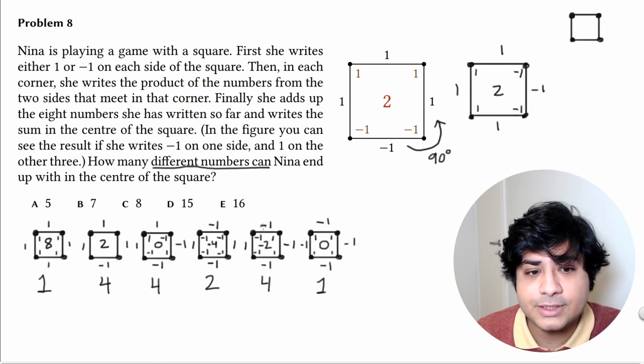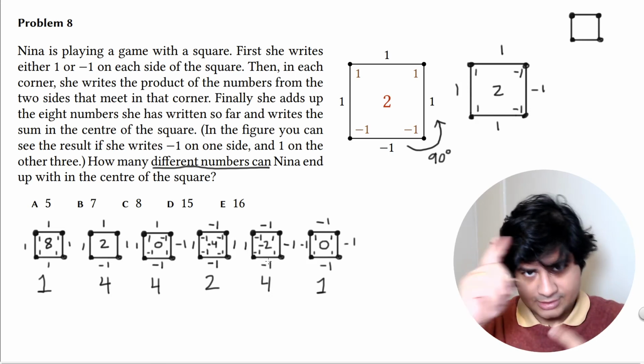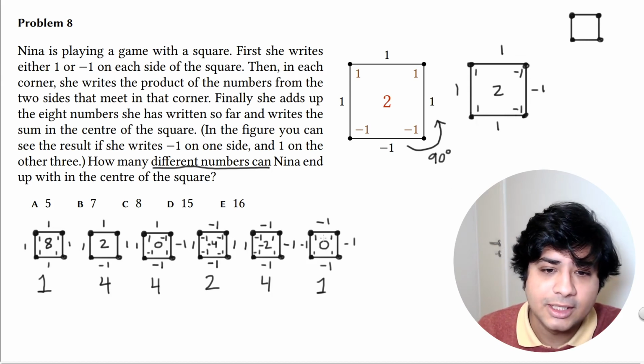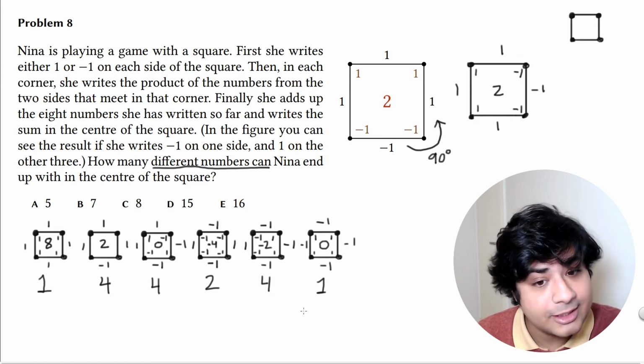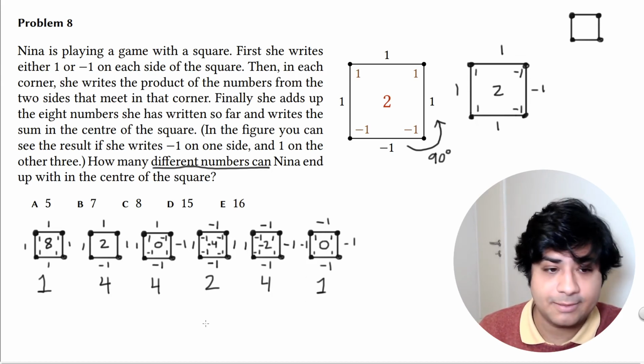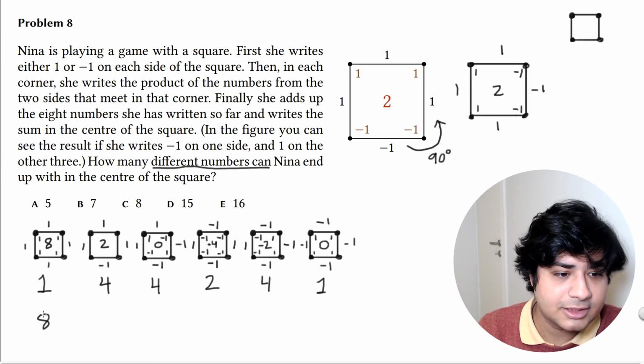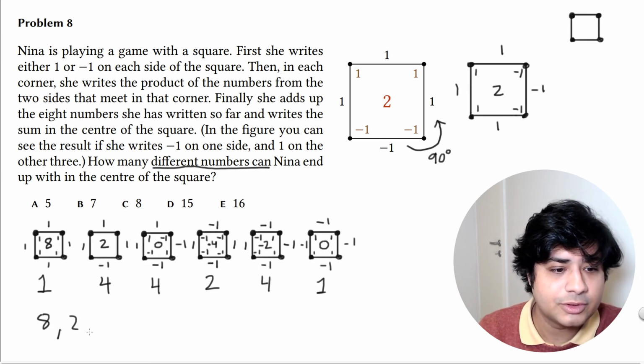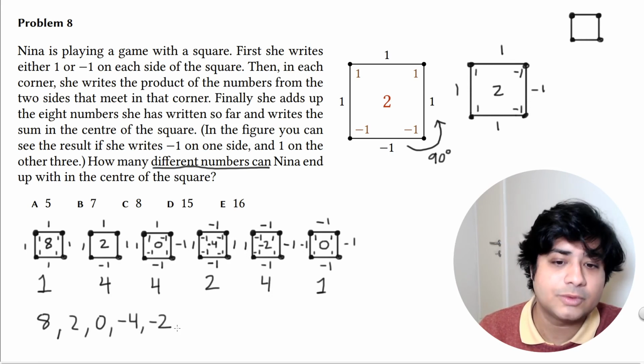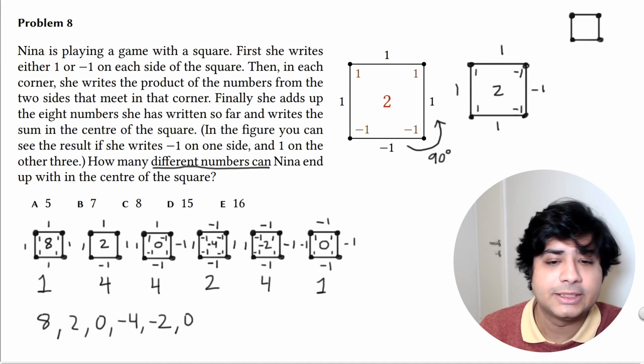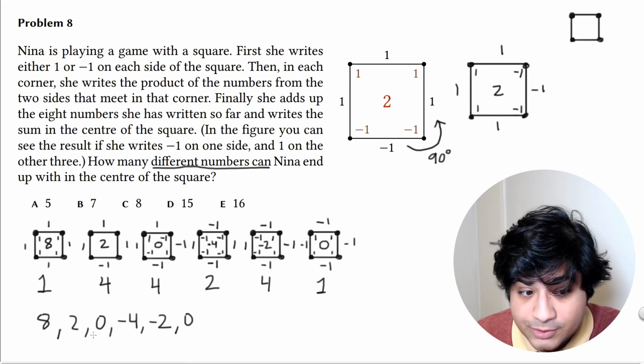And then, of course, there's 3 negatives, which is going to be the same, 4 rotations. And then there's the all negatives. You know what? I think we're good. How many numbers does that make? Well, we have an 8, and we have a 2, and we have a 0, and we have a -4. Now a -2, and then we have a 0 as well. Well, of course, we got 2 zeros.